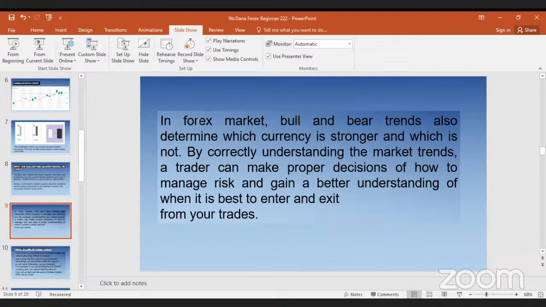So this is another example. In the forex market, bull and bear trends also determine which currency is strong and which is not. By correctly understanding the market trend, a trader can make proper decisions on how to manage risk and get a better understanding of when it is best to enter and exit a trade. Like I said in the beginning, it shows you the market direction.